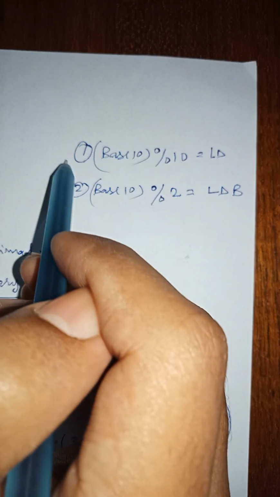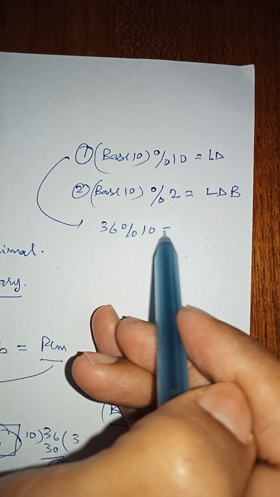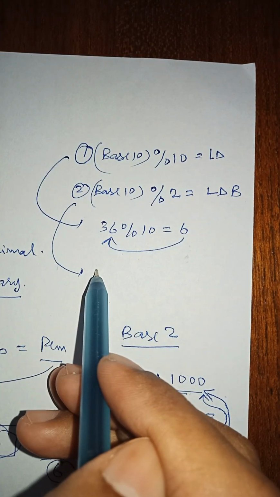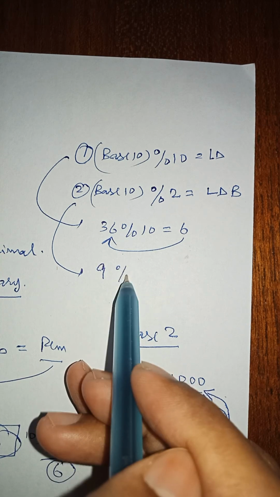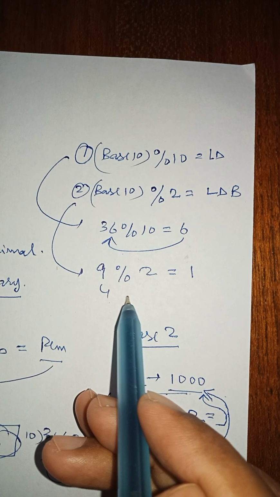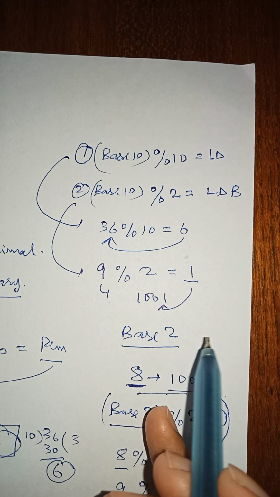An example for the first one, we can take 36 modulus 10, it will give me 6. And for this we can take 9 modulus 2, it will give me 1, which is nothing other than the last digit in the binary representation of 9.